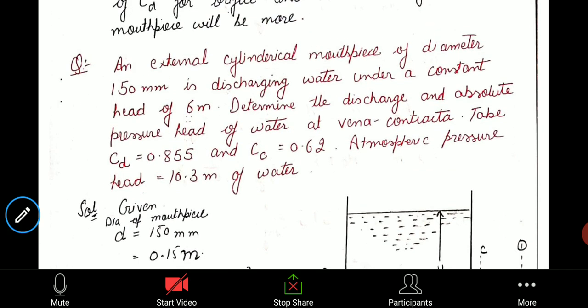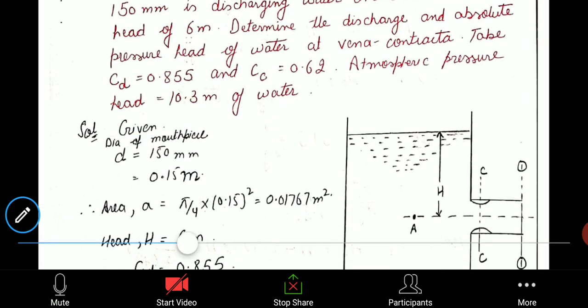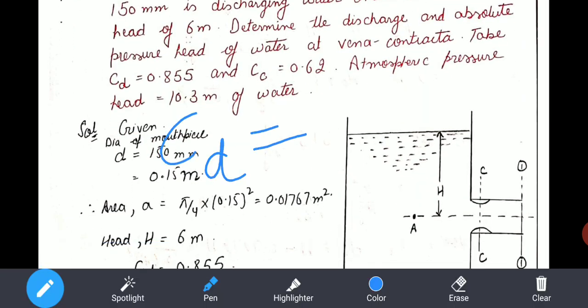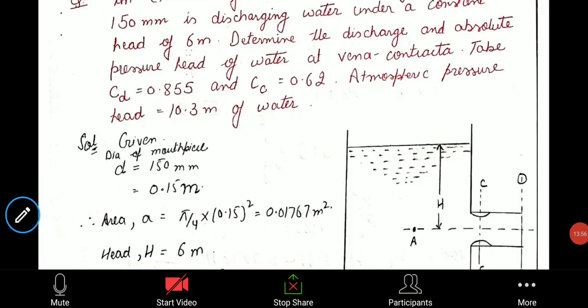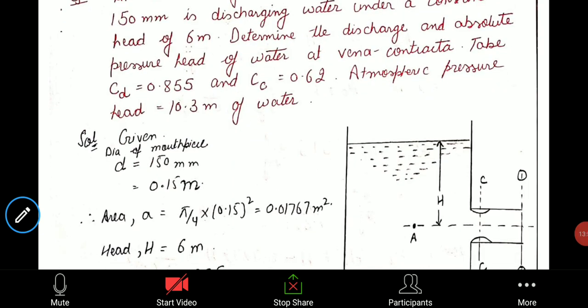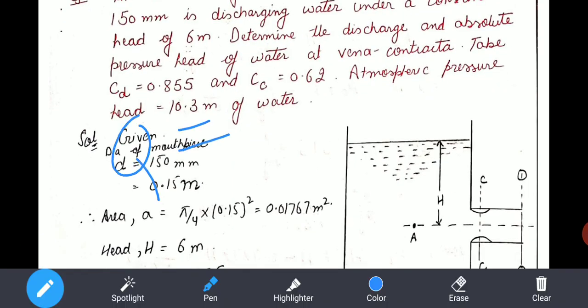How can we calculate discharge? Discharge is equal to area into velocity.